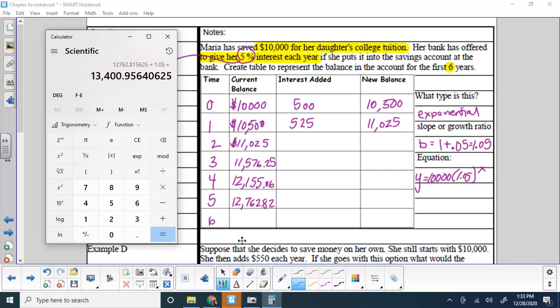This time we have $13,400.95, or 96 cents, I guess. Look at that. She made $3,400 by doing nothing, by letting interest put the money into the bank. That's awesome.